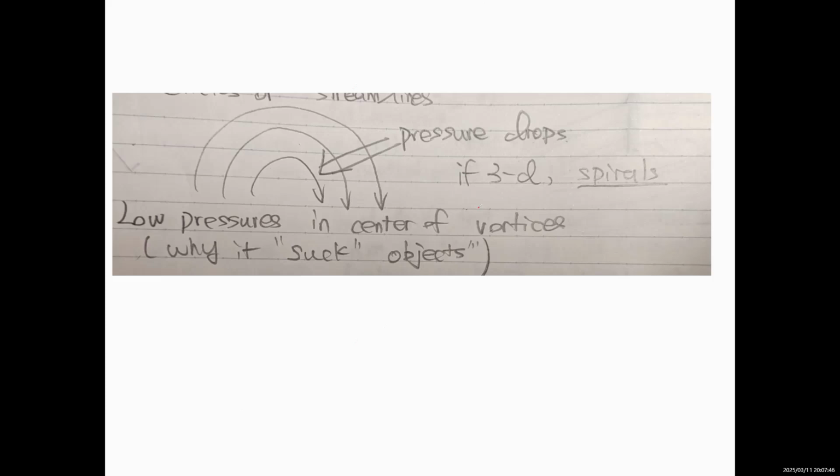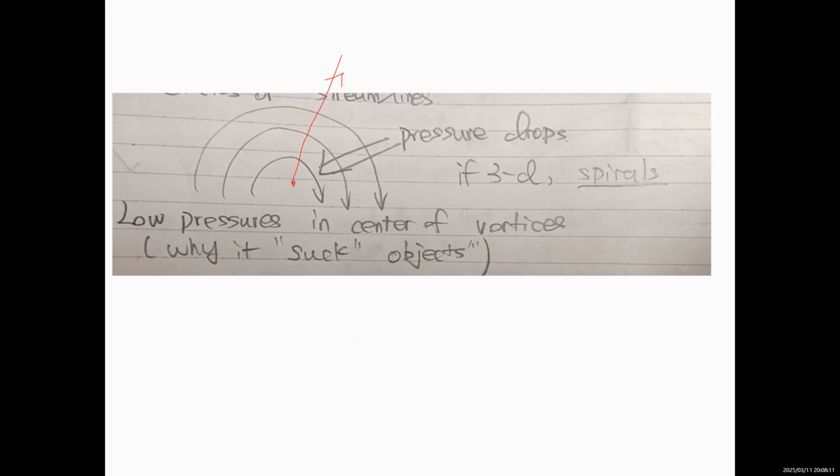However, in three-dimensional space, it's spirals. But here we're just putting on the two-dimensional graph of a tornado. You can see it's curved streamlines. So using the rule, the pressure is always increasing away from the center of curvature.